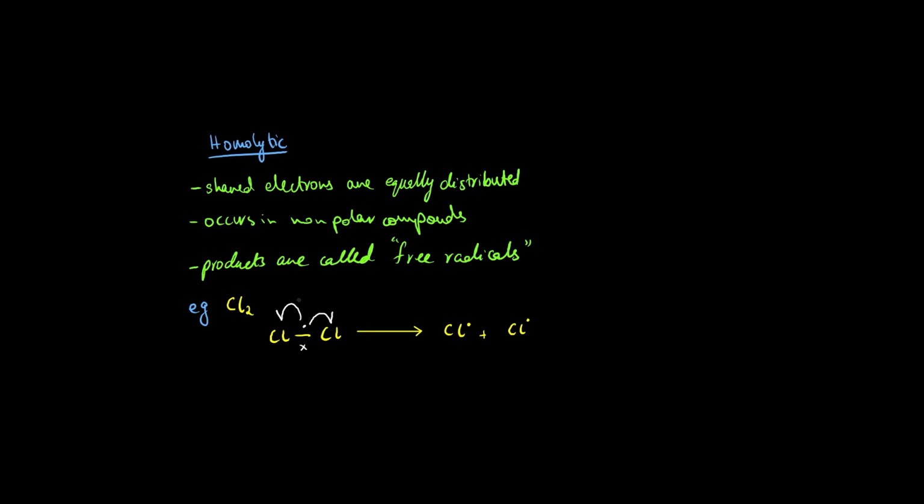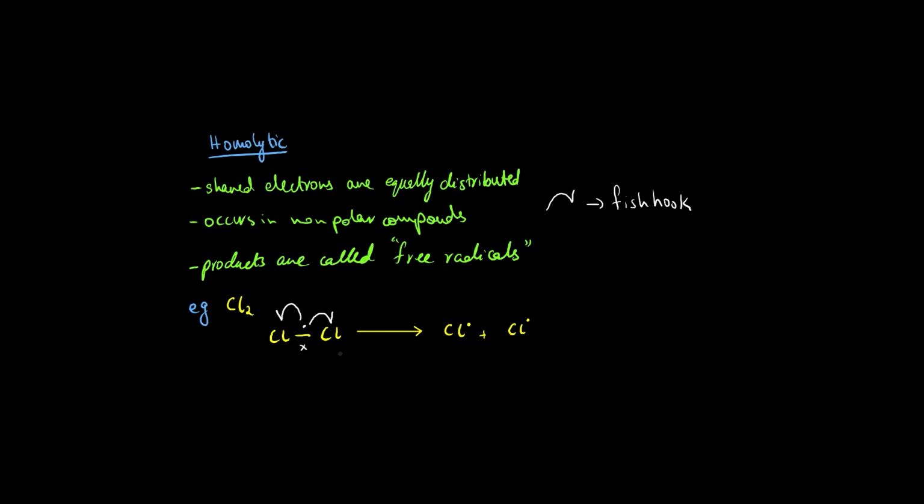I have drawn this partially formed arrow, which is called a fish hook. So for heterolytic fission we use a fully formed arrow, and for homolytic fission we use a partially formed fish hook, which shows the movement of one electron.